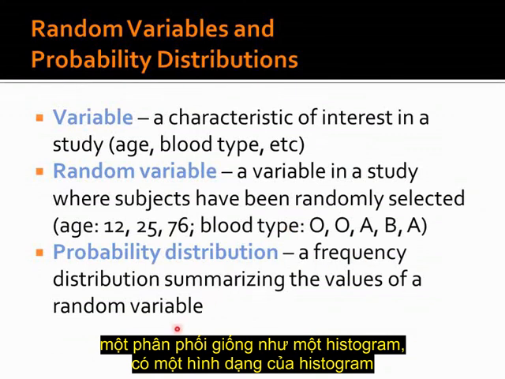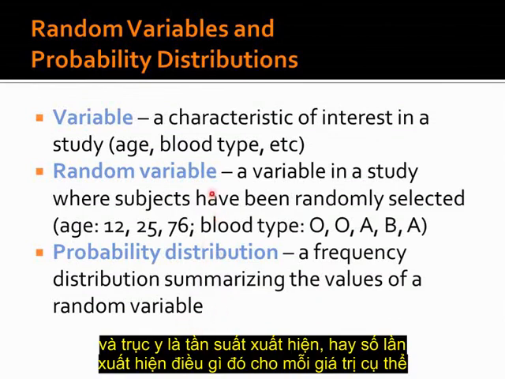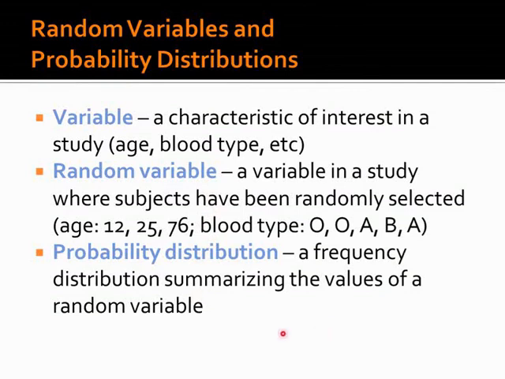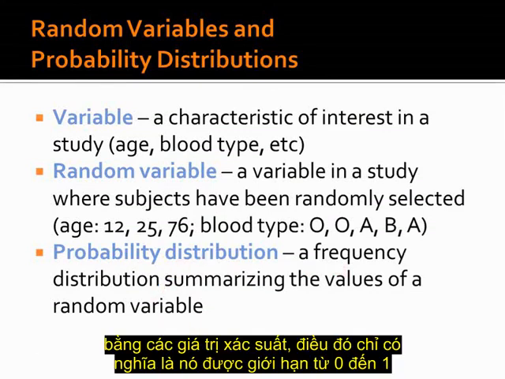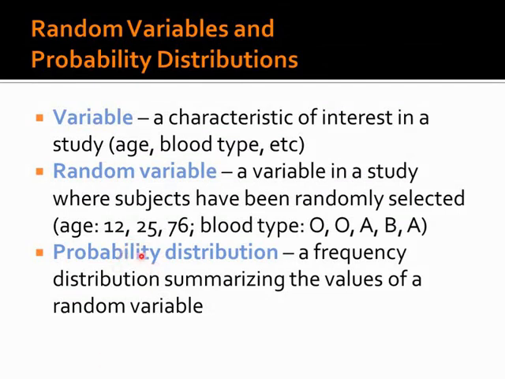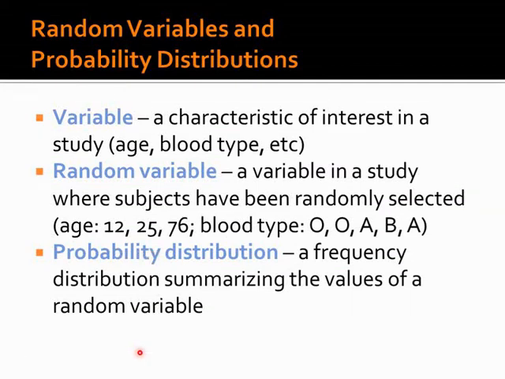That's the shape of the histogram, where the x-axis were the different possible values you could get, and the y-axis was the frequency, or the number of occurrences, how many times something could occur for every particular value. A probability distribution just replaces the y-axis, the frequency or the count, with probability values, which just means that it is restricted to from 0 to 1. 1 being it happens all the time, and 0 means it never happens.